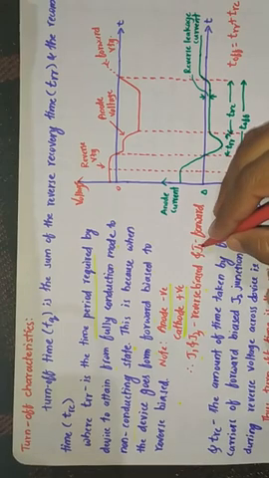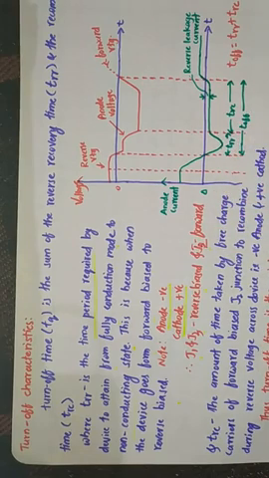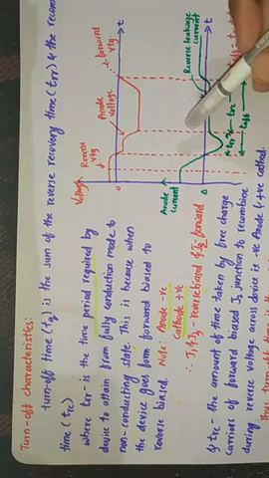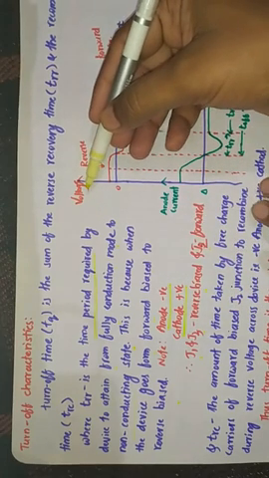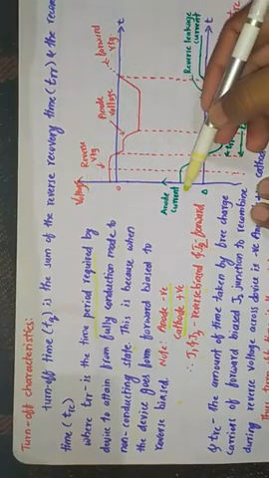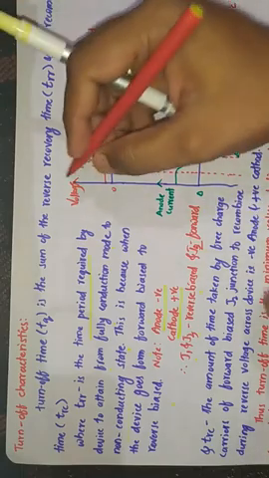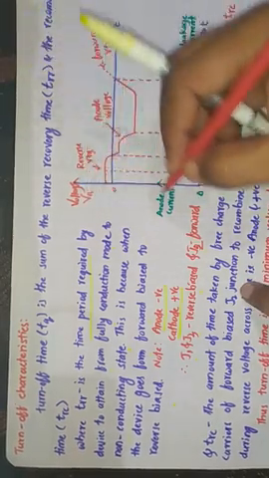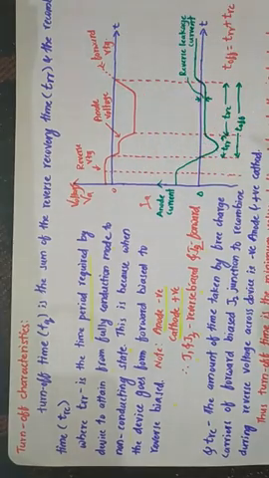You can see there is a characteristics curve here. This is the voltage VA and this is the anode current IA.